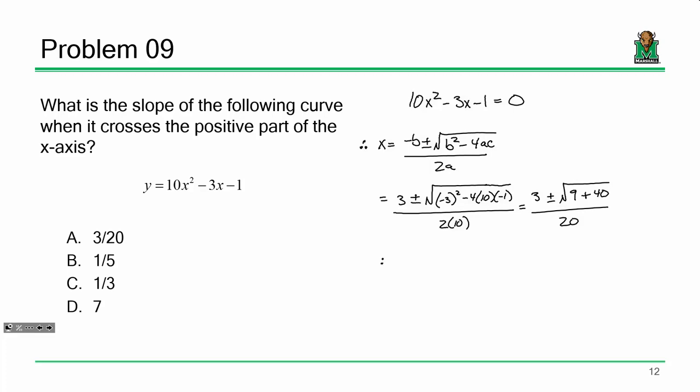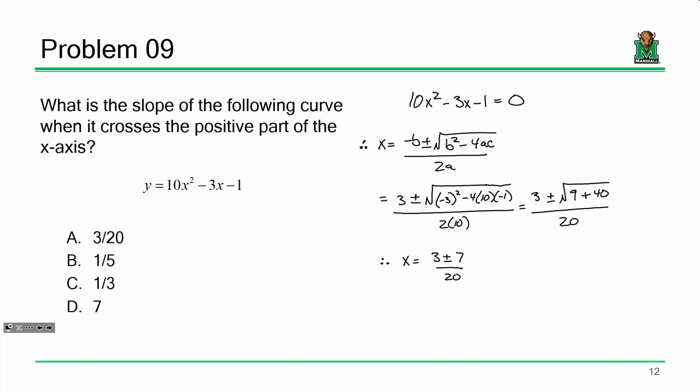So that's going to be our answer, right? x is 3 plus or minus 7 over 20.